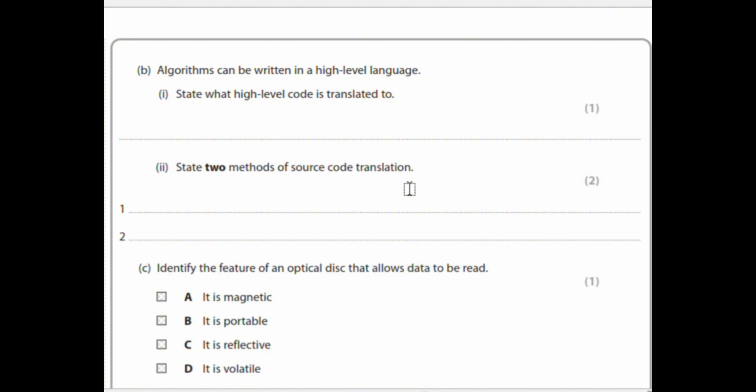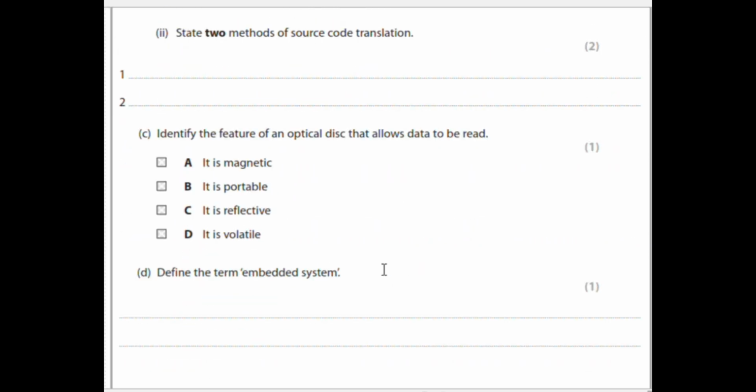For a compiler, it does it once, and then you get what you call an object code. But for an interpreter, you have to run it every time that you are executing that program. So it converts it every time, and it does it line by line.